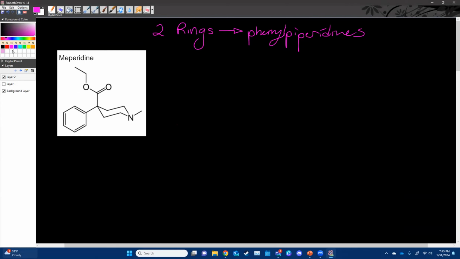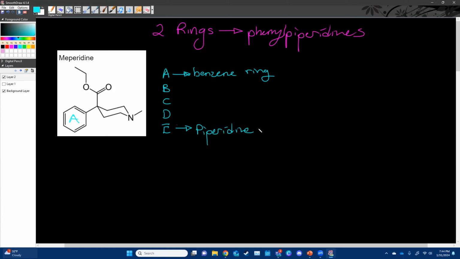Essentially, what we've done is we've stripped down morphine to its raw components. So instead of having A, B, C, D, and E, all we kept is the important aspects of the drug. So on group A, or ring A, we kept the benzene ring. So here's where A would have been. And then the only other one we kept is the nitrogen ring in the form of piperidine.